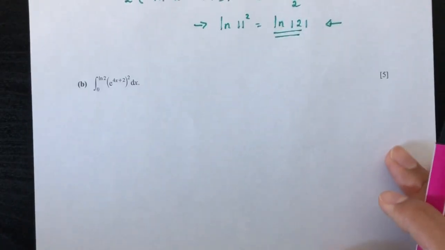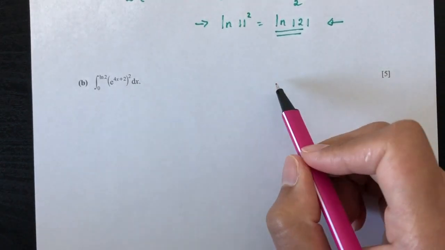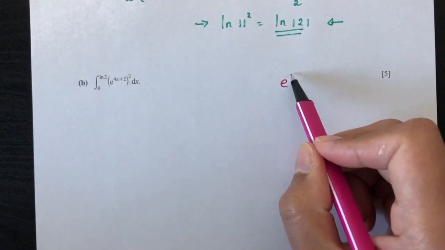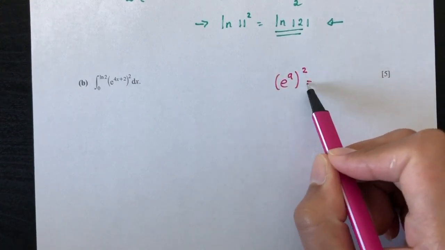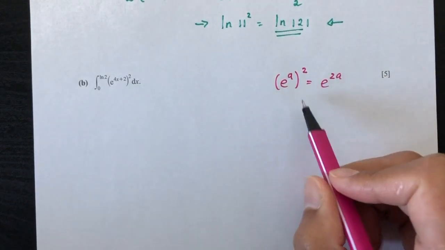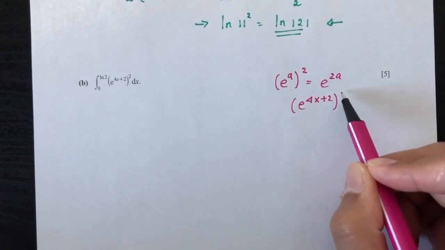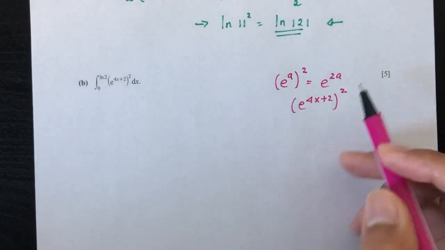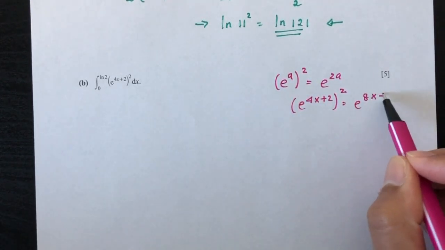Now for part B, we have to integrate this one. So whenever you have, let's say, e power a and power 2, this is the same as e 2a. So same thing here. If you have e 4x plus 2 power 2, it's the same as e 8x plus 4.